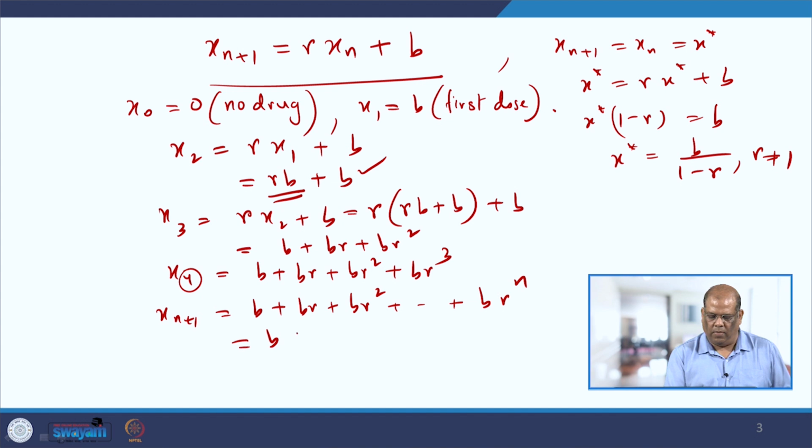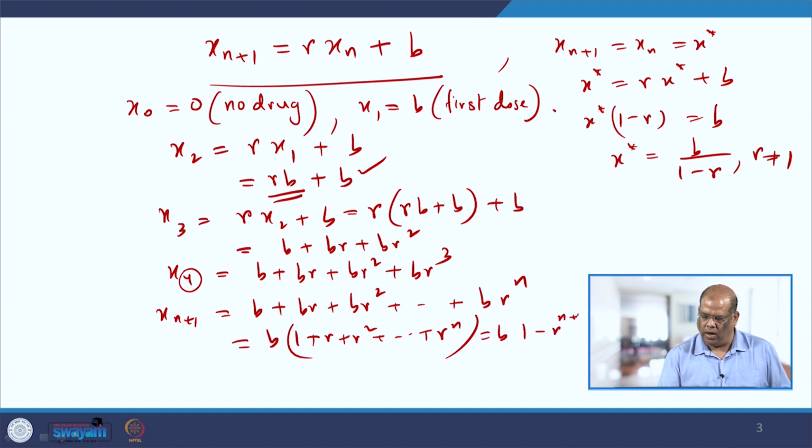Take the b common, it is a GP series in R. So, the formula is b times 1 minus R to the power n plus 1 by 1 minus R, assuming R is less than 1. Because R is a fraction of the drug, R has to be less than 1.